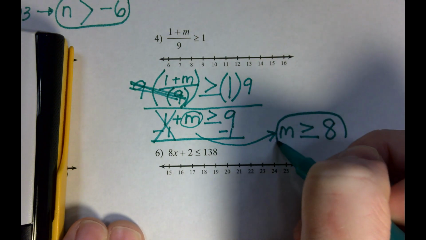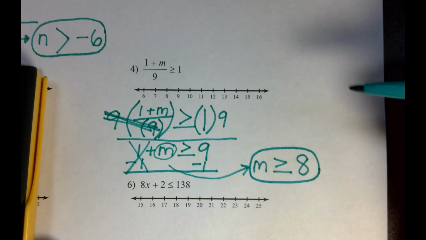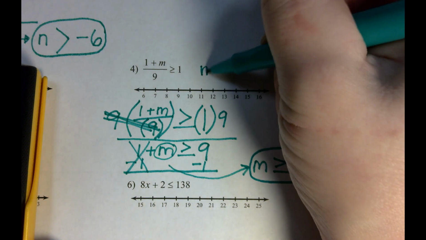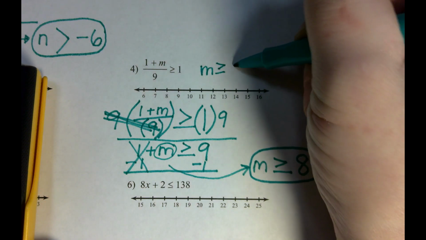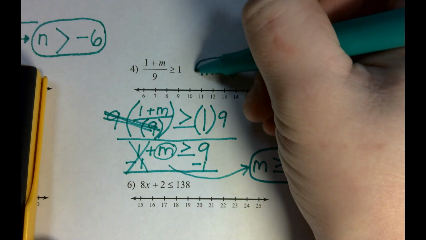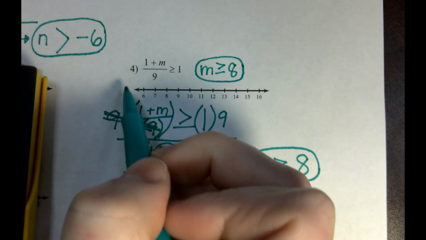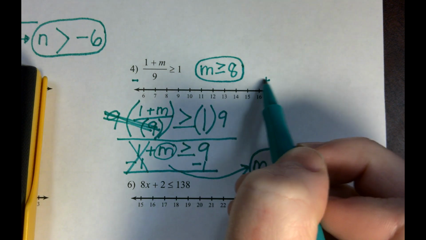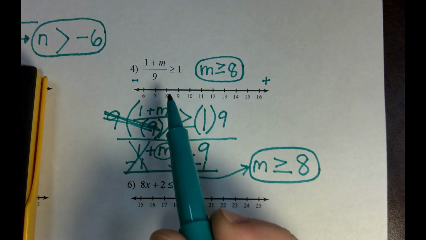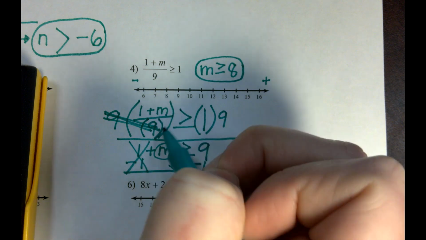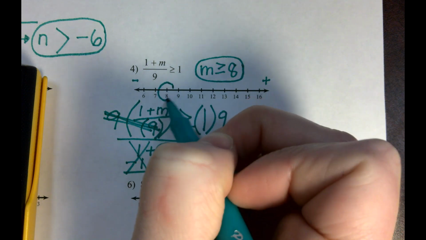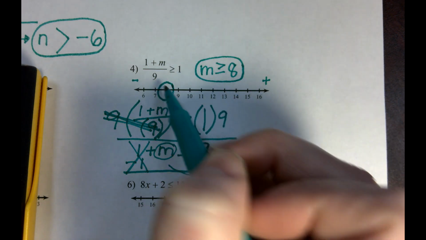So that's our answer for number 4. Write it up here. M is greater than or equal to 8. So how would I graph that? Yes, we're going to go to the number 8 and circle it. And then a closed circle.